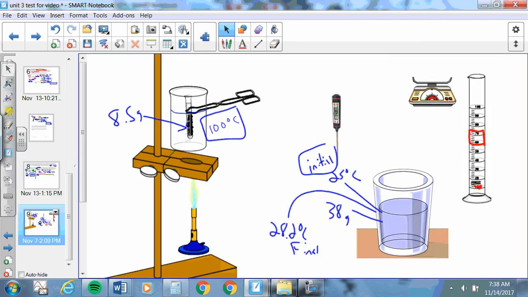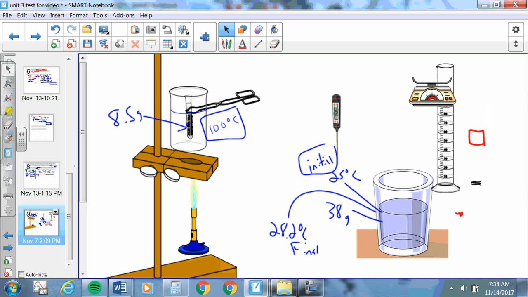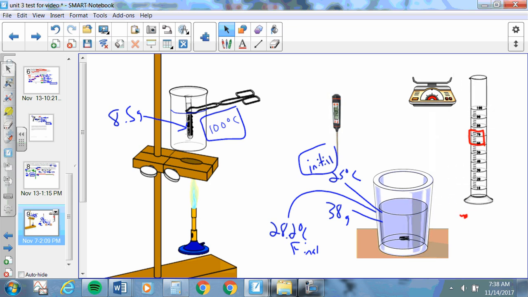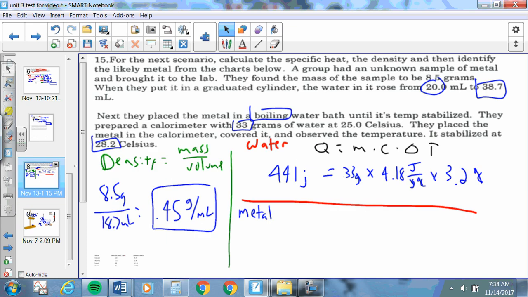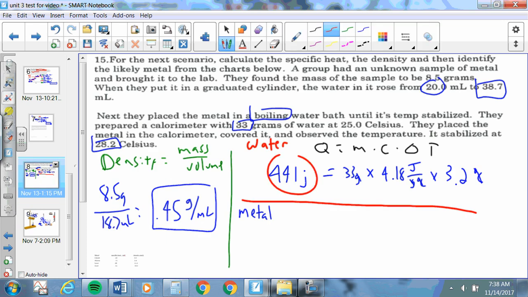Well, the only thing that was changed was my metal that was added. So apparently all the heat that the water gained came from the metal. How do we know it didn't come from the rest of the environment? Well, we put it into a styrofoam insulated container to make sure that it didn't get contaminated by outside energy. So if the water gained 441 joules, that means that the metal lost 441 joules.